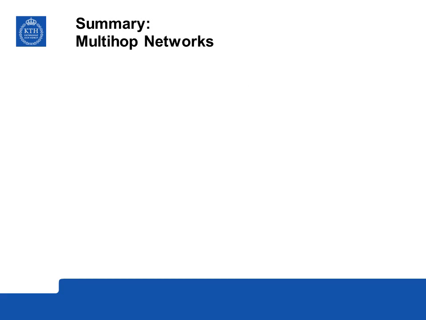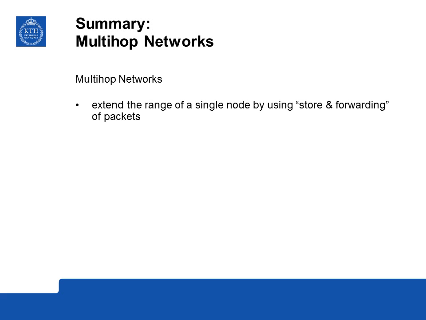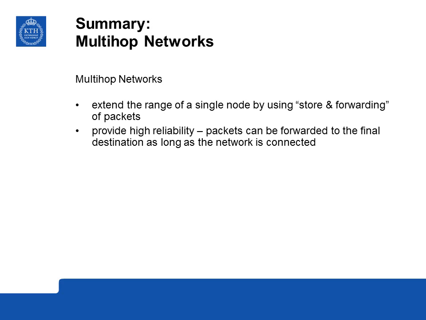And that brings us to the summary. Multi-hop networks allow for the extension of the range of a single node, by using store and forwarding of packets. And this, of course, can provide high reliability, and packets can be forwarded to the final destination as long as the network somehow stays connected.